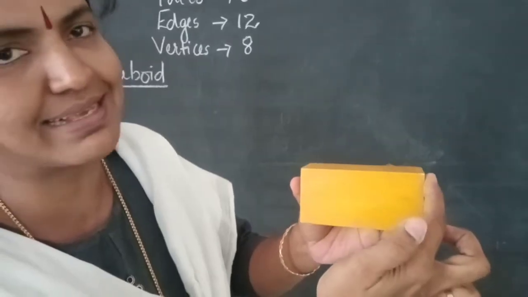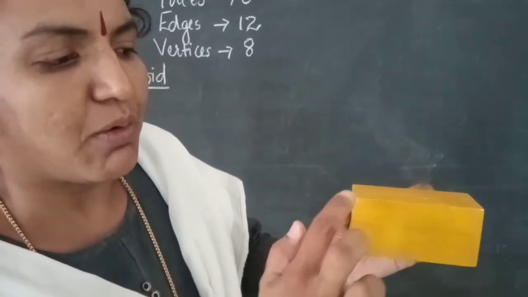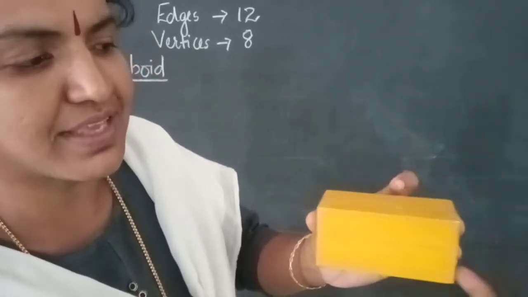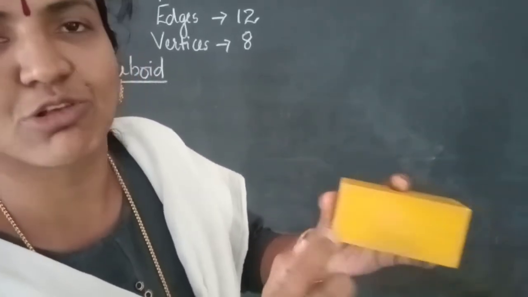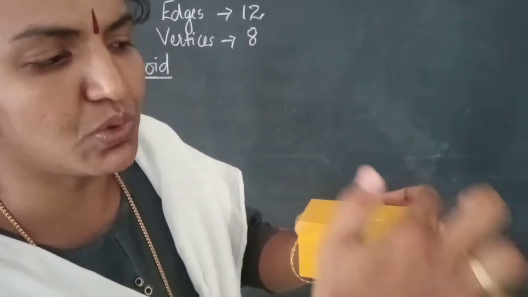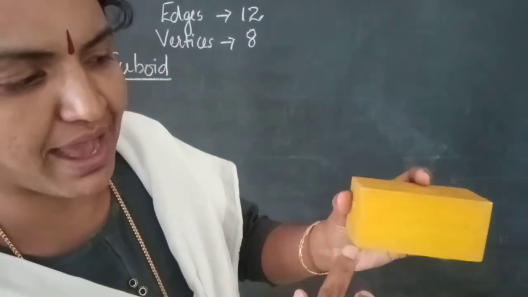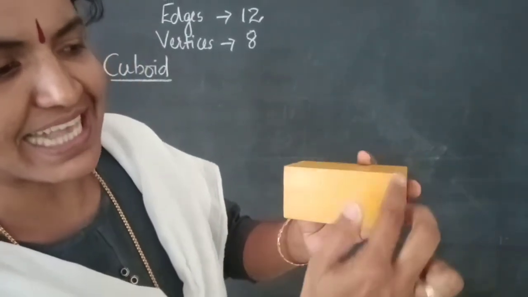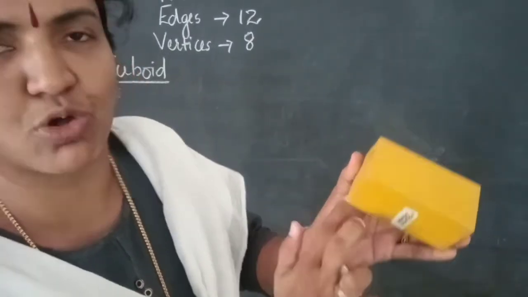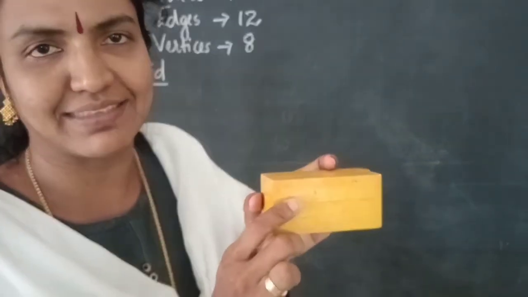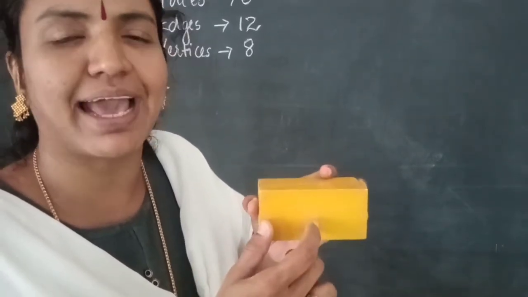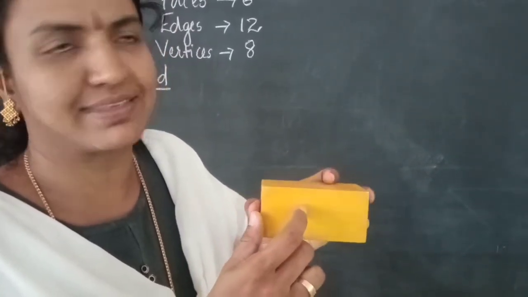So total 6 faces. Then 8 vertices, and 12 edges. So 6 faces, 8 vertices and 12 edges.